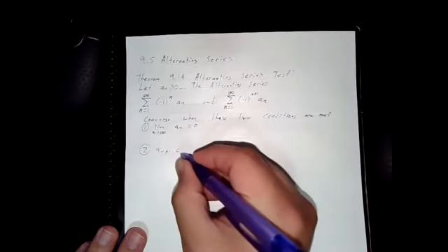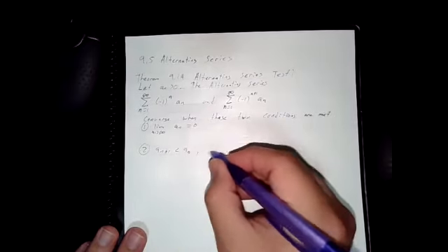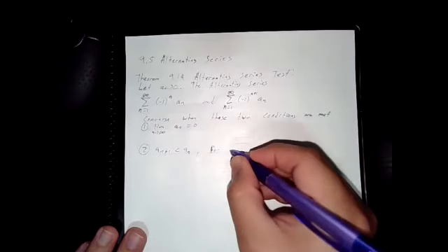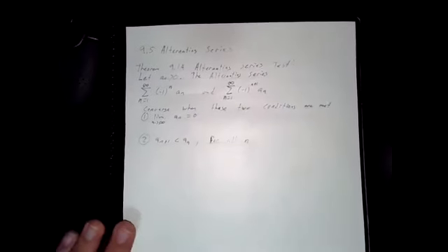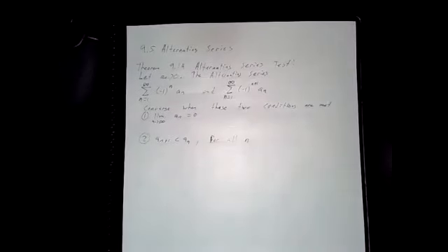In other words, an plus 1 must be less than an for all n. So all we have to do is check if it meets these two conditions, then we can say that yes, that alternating series converges conditionally.